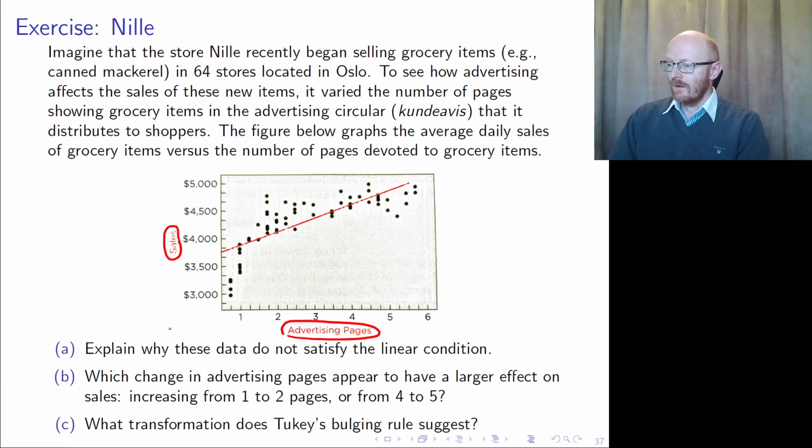Now we have some questions, and that is, explain why these data do not satisfy the linear condition. Okay, we see right off the bat that the residuals for low values of x, which means, always think of it in logical terms, few advertising pages, are associated with low values of sales.